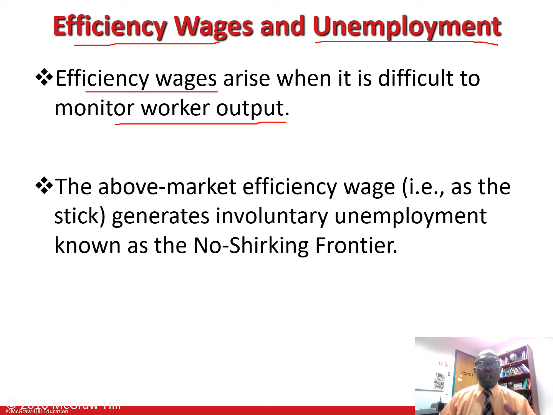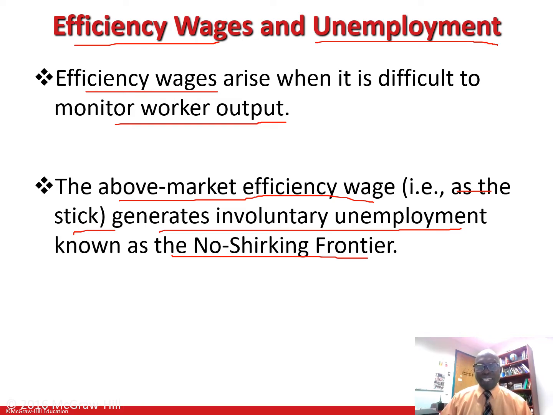However, the efficiency wage model can generate involuntary unemployment. The above market efficiency wage, known as the stick, generates involuntary unemployment, known as the non-shirking frontier.